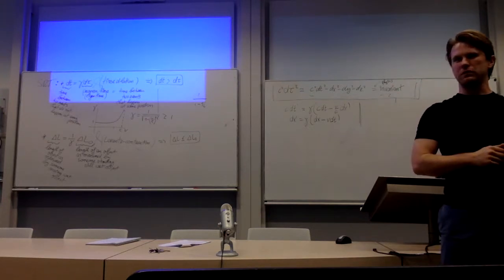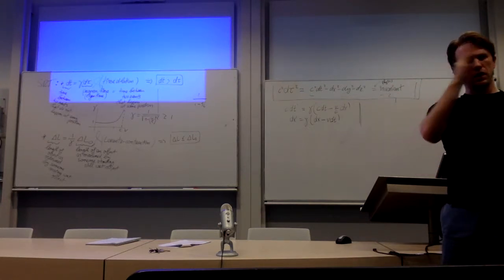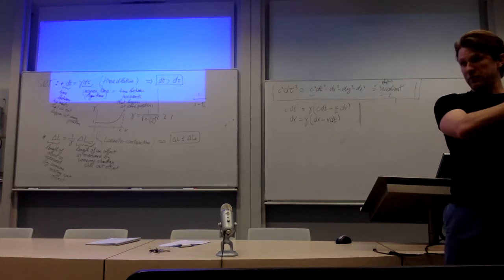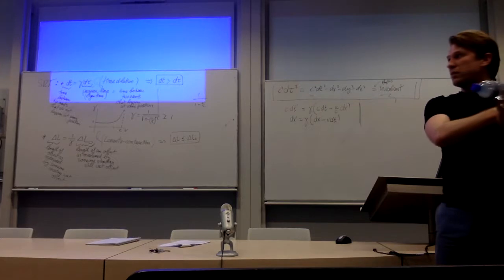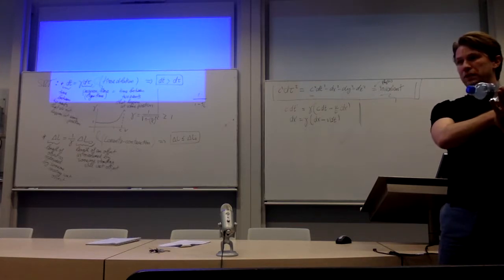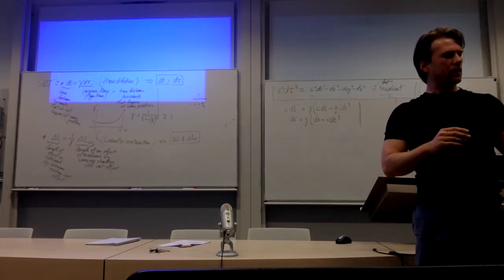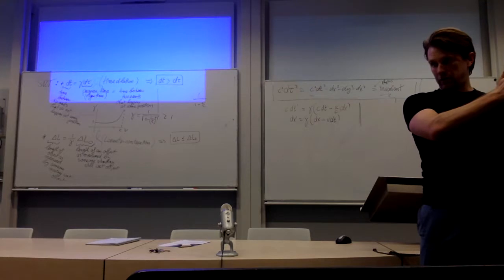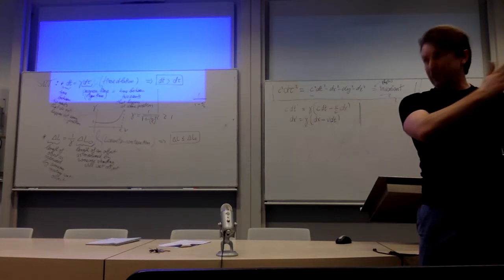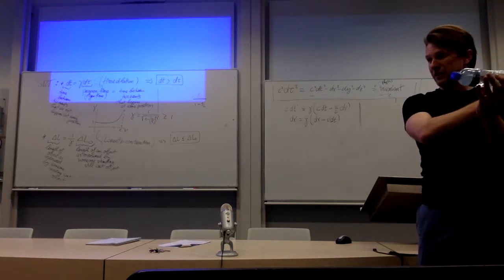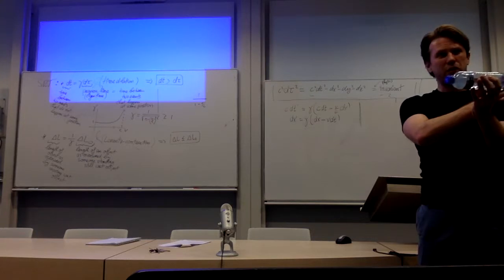So I register at what point the front end moves past me, and I also register at what point the end point moves past me. If I measure the front end, then wait a second, and then measure the back end, do you agree with me that I'm not measuring the width correctly?